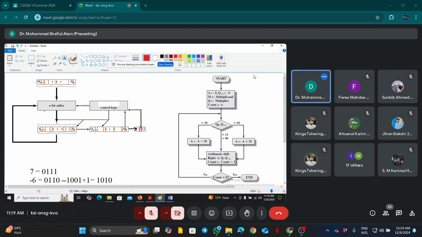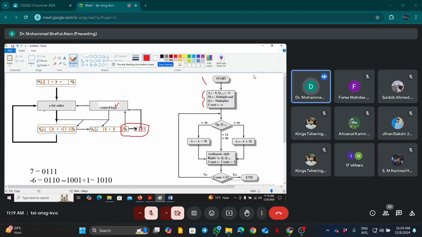Now, if you follow the flow chart, this is what we call initialization, right? Yes, sir. And then this control unit will check these 2 bits, and the Booth code is formed.